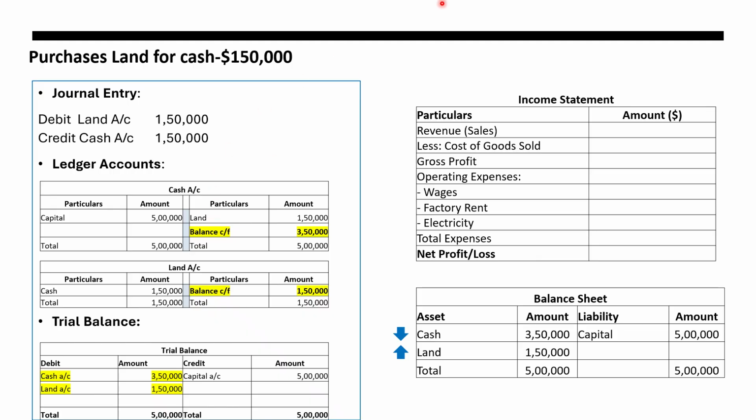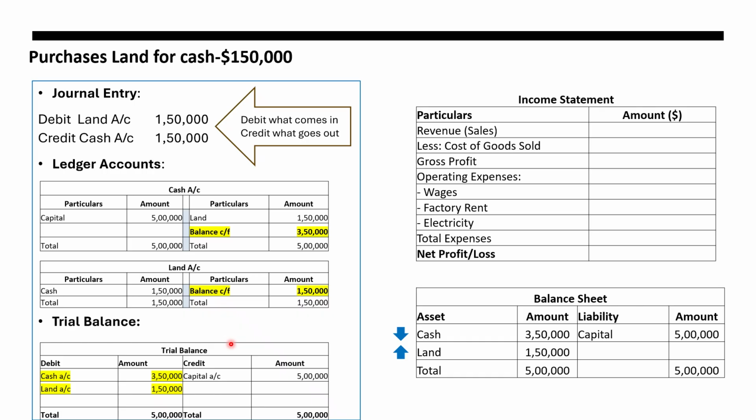The next transaction is purchase of land for cash for 1,50,000. So here land is an asset. It's tangible and cash is also an asset. And both are real accounts. So for real accounts, what is the rule that we'll apply? It's debit what comes in and credit what goes out.